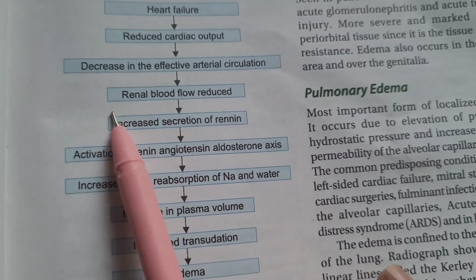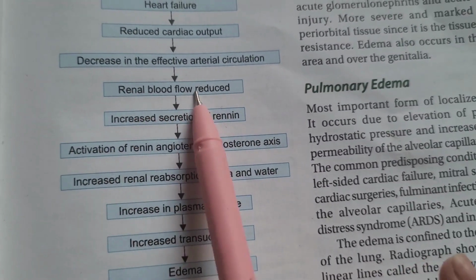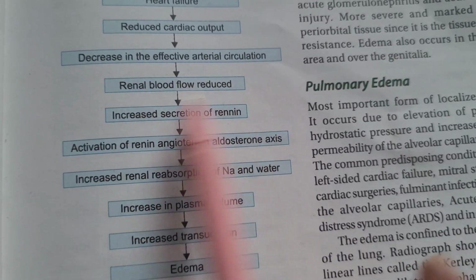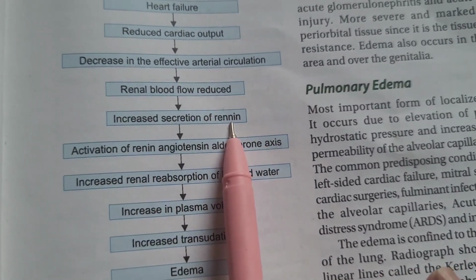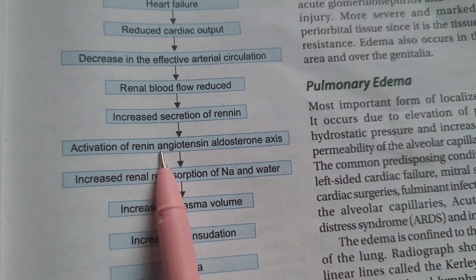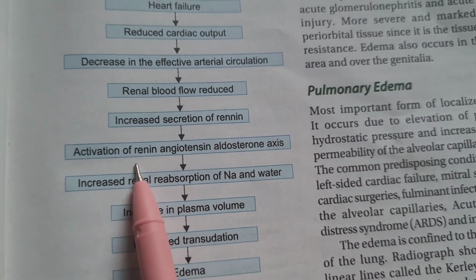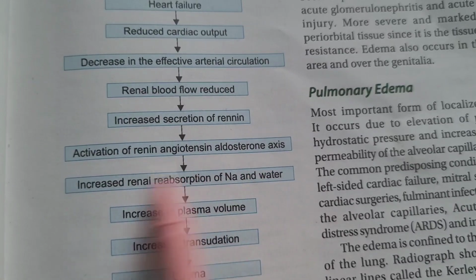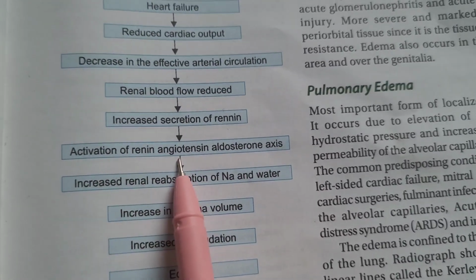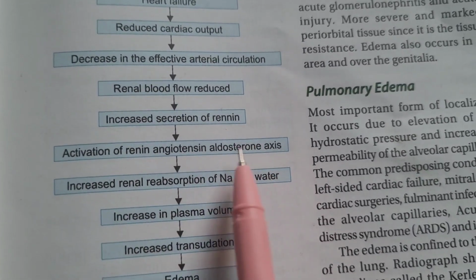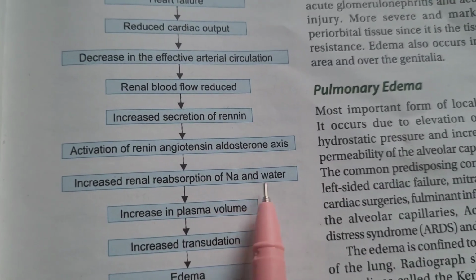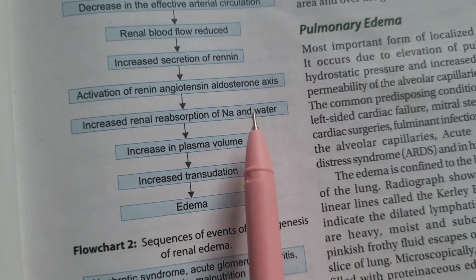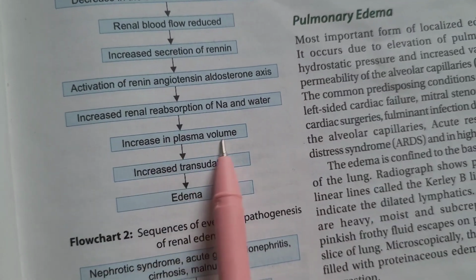Why? Because kidneys can counteract this condition. So there is increased secretion of renin from the kidneys, which will activate the RAAS mechanism. We know the renin, angiotensin, aldosterone system. Here there is activation of the renin, angiotensin, aldosterone axis, which does what? Which will increase the reabsorption of sodium and potassium into our body, which will lead to increase in plasma volume.